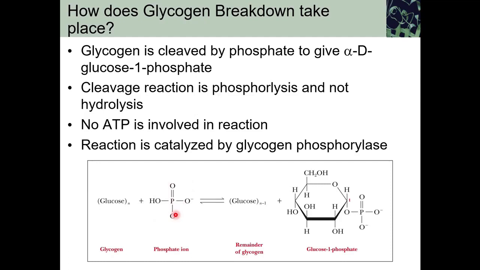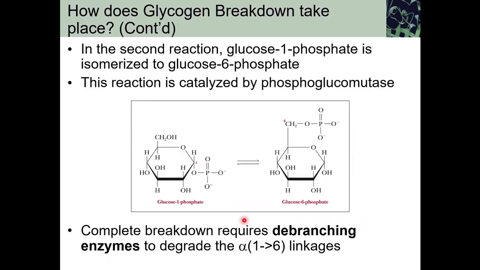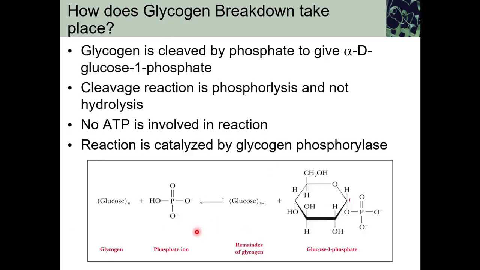No ATP is involved in this reaction, and the reaction is catalyzed by the enzyme called glycogen phosphorylase. Later, we're going to have more to say about the properties of glycogen phosphorylase. So this is the first step in glycogenolysis, the release of glucose 1-phosphate.